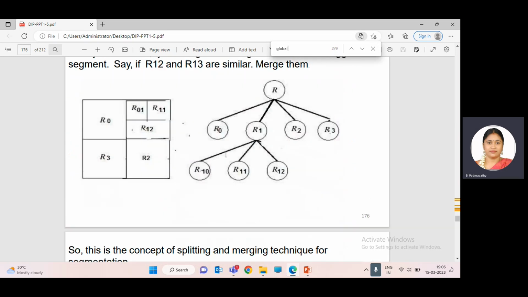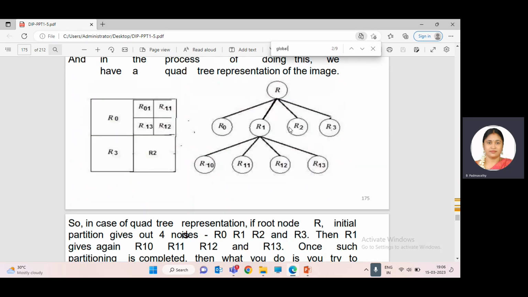Then we'll move on to region merging. So what is region merging? It is nothing but the reverse process of your region splitting. As I have split the region, again I need to merge it. I'll explain it in the form of a flow chart. First, you need to take an input image. Then you need to check the predicate condition.